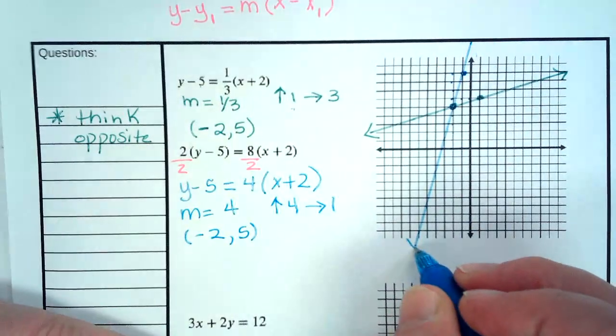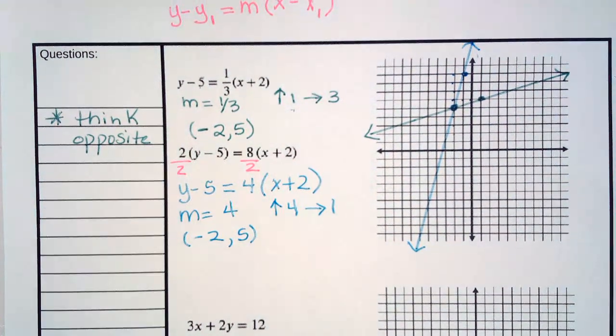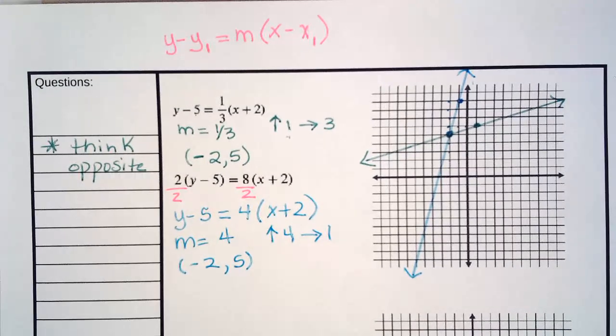Draw my line, and I'm done. So when we're working in the point slope form, you know the slope immediately, and then you think opposite to find a point that's on the line.